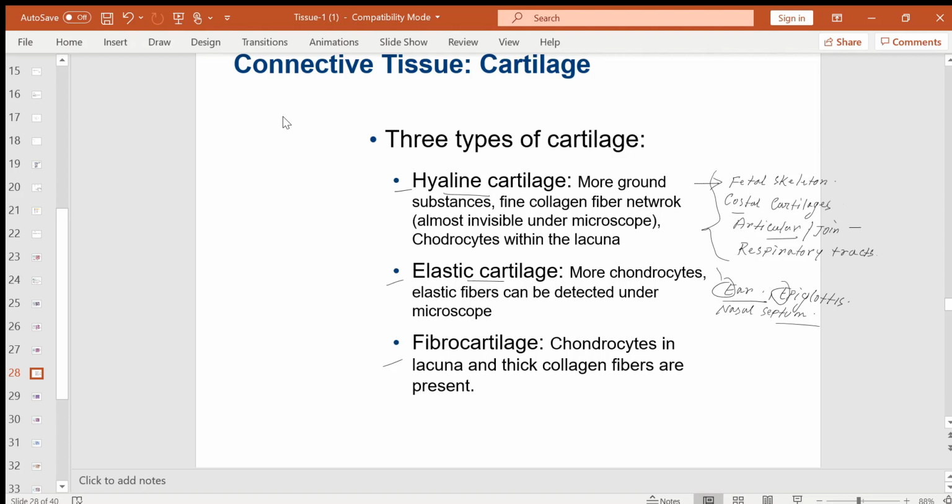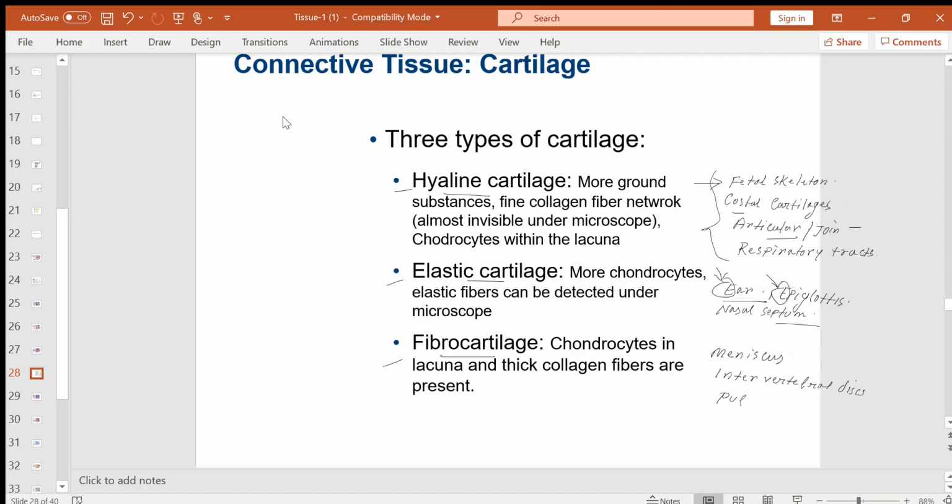Fibrocartilage is found in the meniscus of the knee joint. Fibrocartilage is very hard, tough, because it has plenty of fibers. Okay, and also in the intervertebral discs, the discs between the vertebrae, and pubic symphysis.